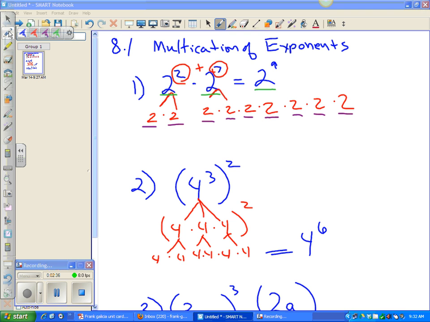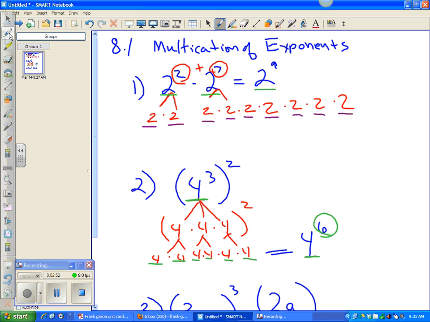Now remember that what I've done here is I've taken 1, 2, 3, 4, 5, 6 fours, and I've made that up here. And since 4 is the base, I've left the base alone here also.